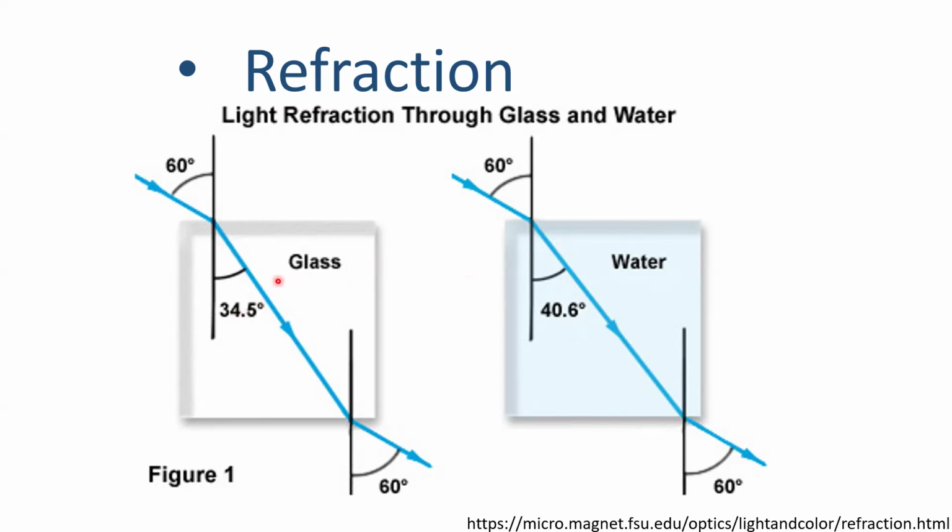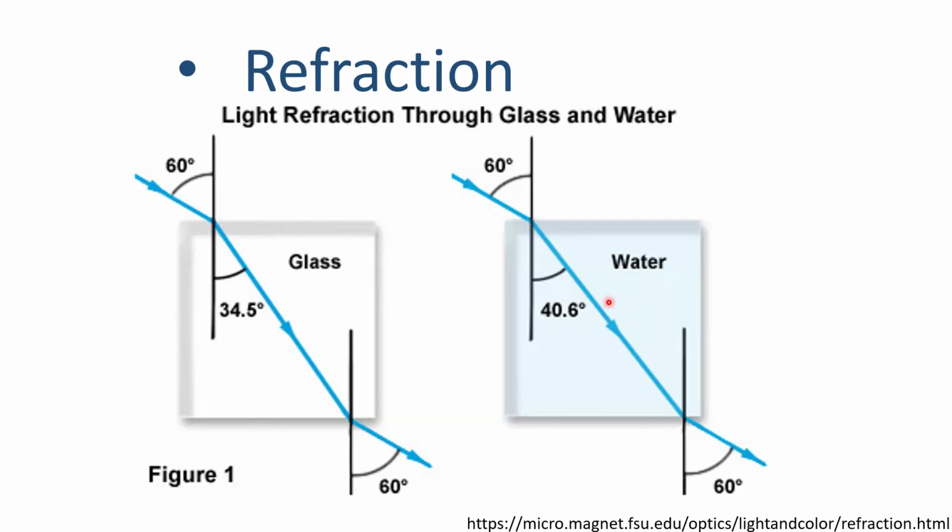So the reason why the light is being affected in a different way is because this medium here, compared to that medium, or vice versa, those two mediums have something that's called a different index of refraction, or refractive index, or index of refraction is the proper way of saying it.